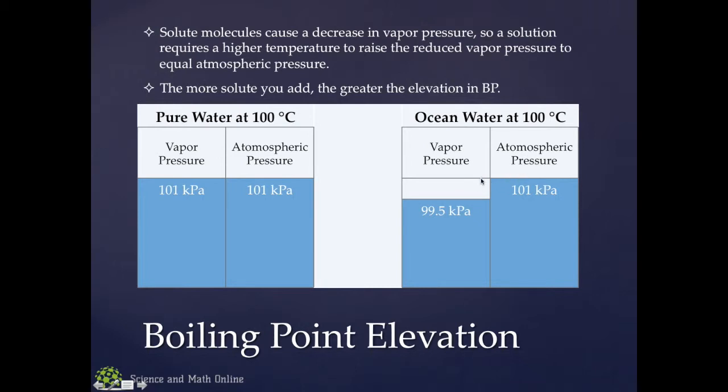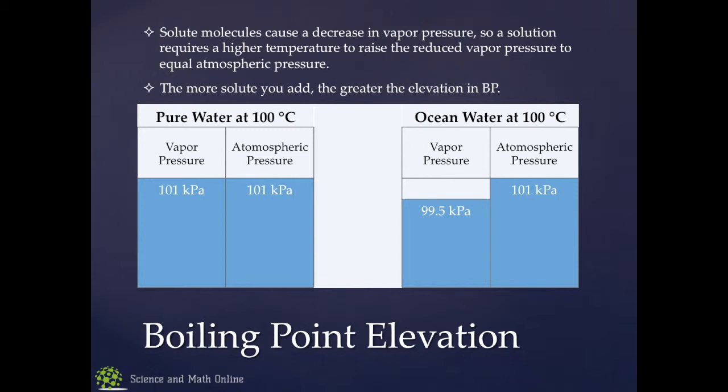But if I have seawater, ocean water, the vapor pressure is still not there yet. I'm still not to 101. And so this will not be boiling yet. I'm going to have to heat this up to 104 or 105, something like that, before the vapor pressure gets high enough to actually boil. So I've got to increase the temperature to make it boil. It elevates that boiling point.